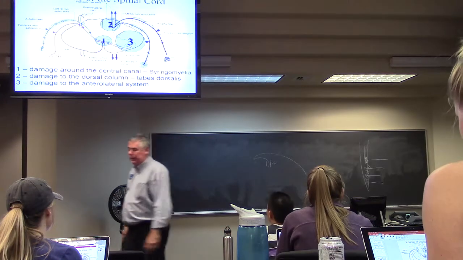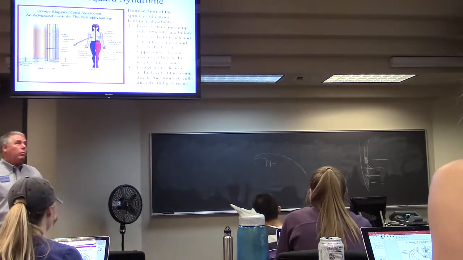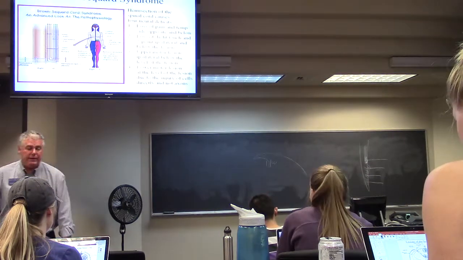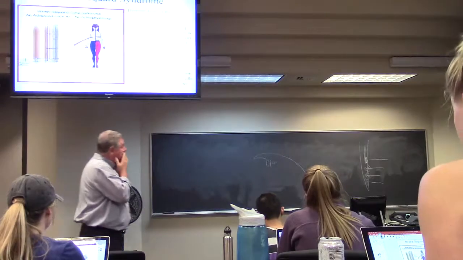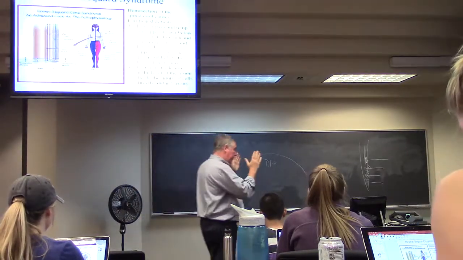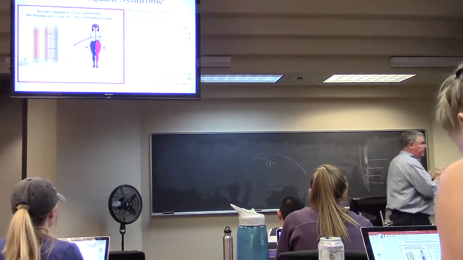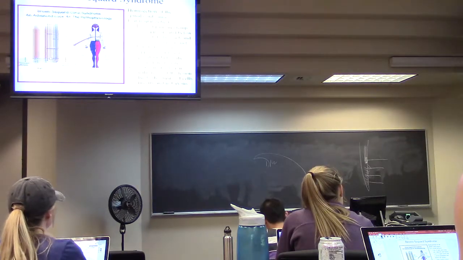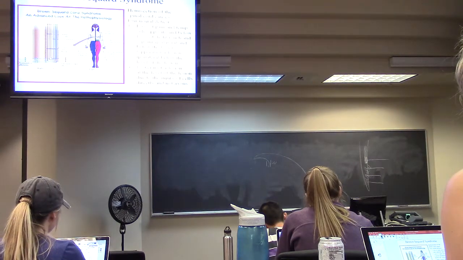This one right here just says damage to the anterior lateral system. Don't worry about that. We'll view that in the context of this. If you understand this, you understand the three tracts of the spinal cord. This is an almost hypothetical situation.